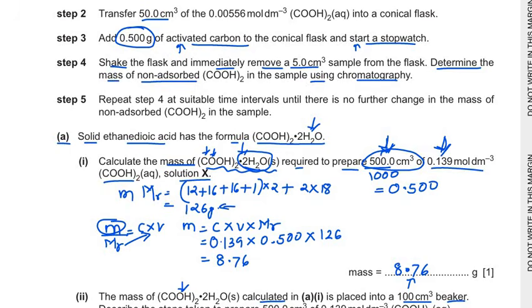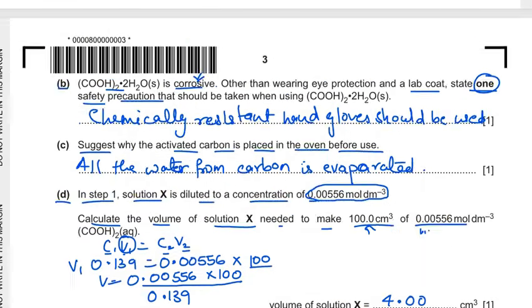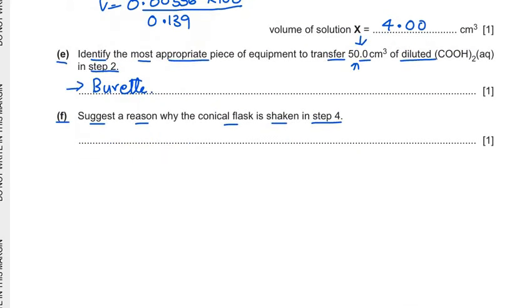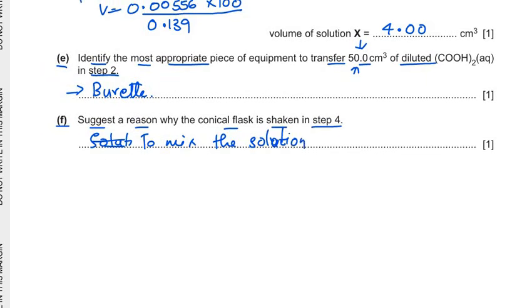Now after adding carbon, if we are shaking well, then the only reason is to mix the solution thoroughly, or you can also say mix the solution well. That's also another language we can use.